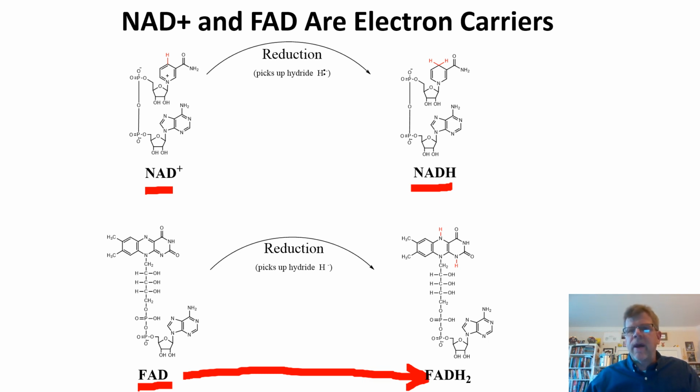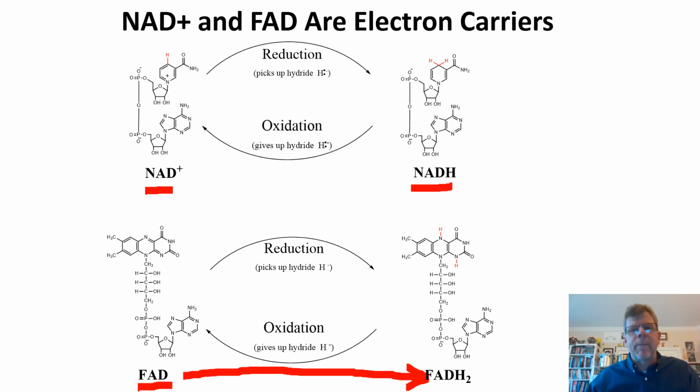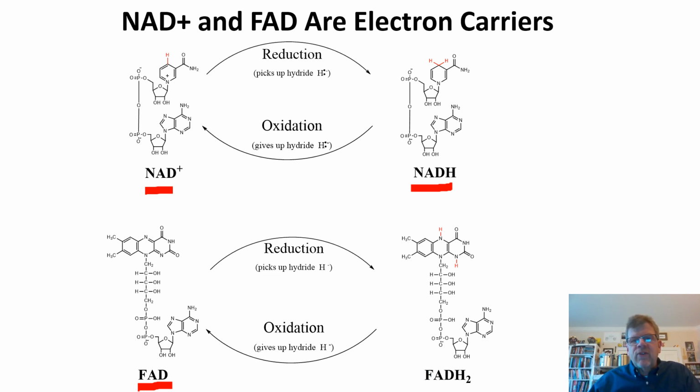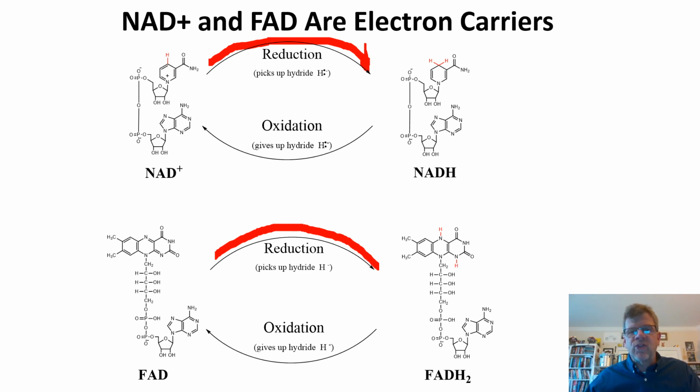Now, this is not a one direction process, but rather, as we saw with NAD to NADH, we can cycle backwards. We can oxidize back to our original electron carriers. So NAD and FAD are these giant types of shuttles, if you will, for a simple hydride ion. Through the catabolism of fuel molecules, we produce hydride ions. They're picked up by NAD and FAD to form NADH and FADH2.